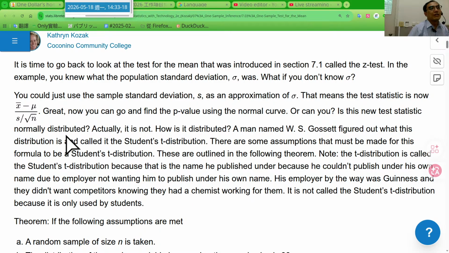And now the new number, similar to the z score we learned previously, is x bar minus mu, the population mean, divided by the sample standard deviation divided by the square root of n.